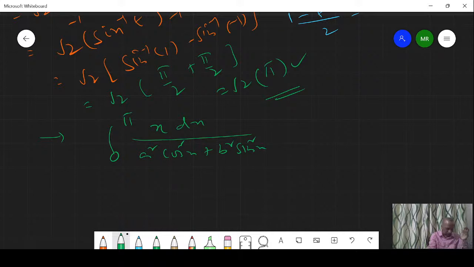This is the problem: x dx by a square cos square x plus b square sin square x.